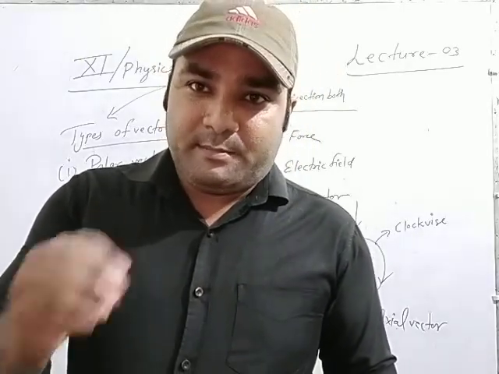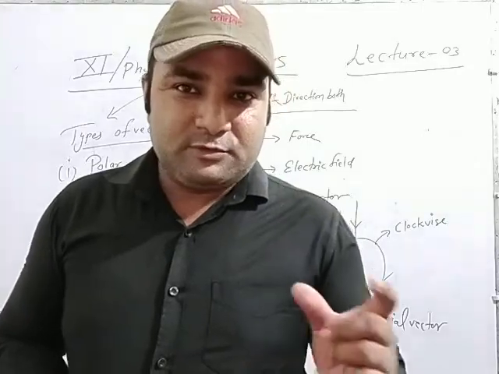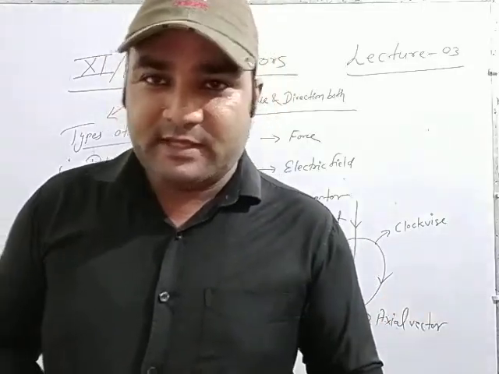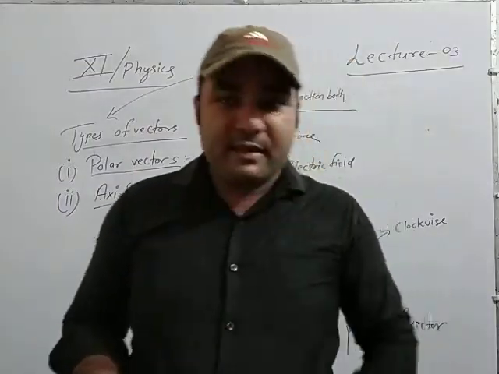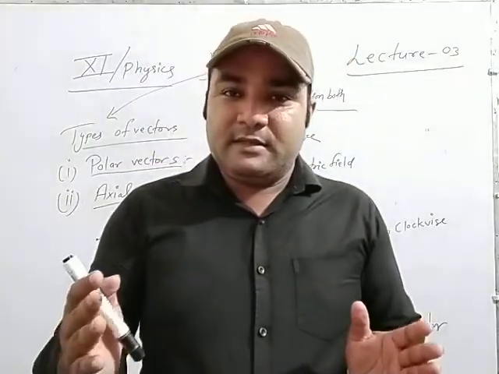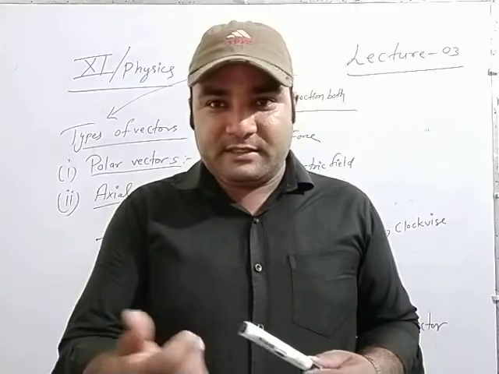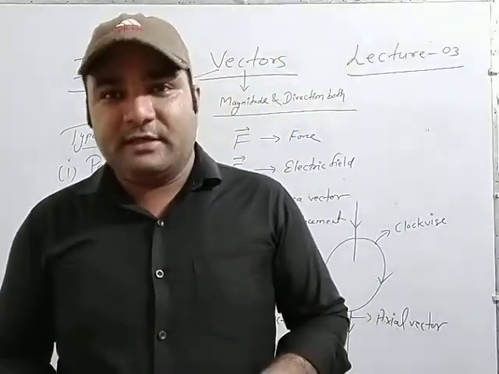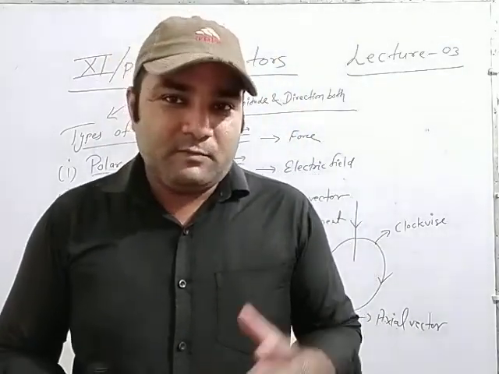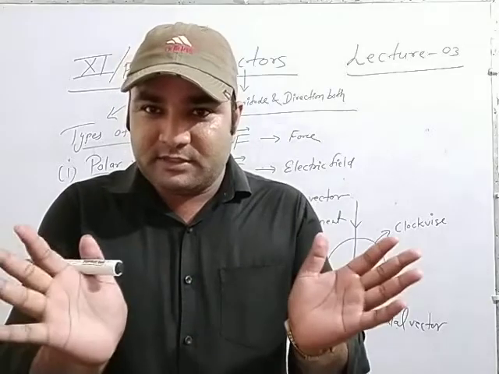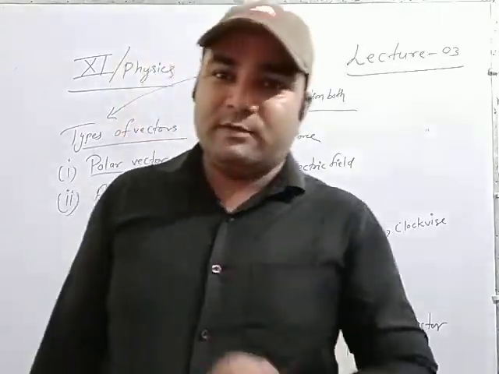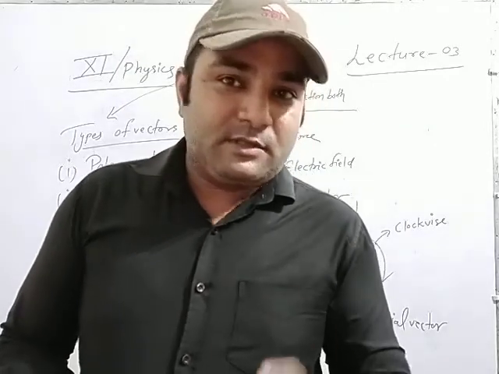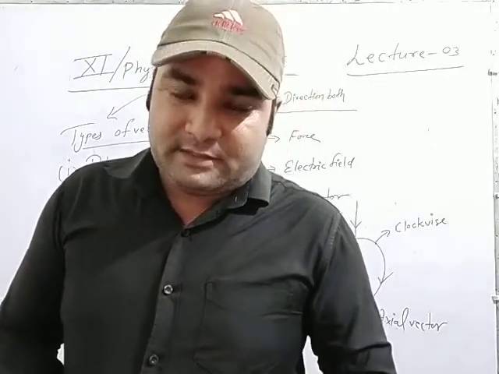and parallel vectors. Equal vectors means two vectors whose magnitudes are equal, and negative means if vector A is acting in east and vector B is acting in west, then both are negative vectors. It means one vector's direction is just opposite to the other vector's direction, then both vectors are said to be negative vectors.